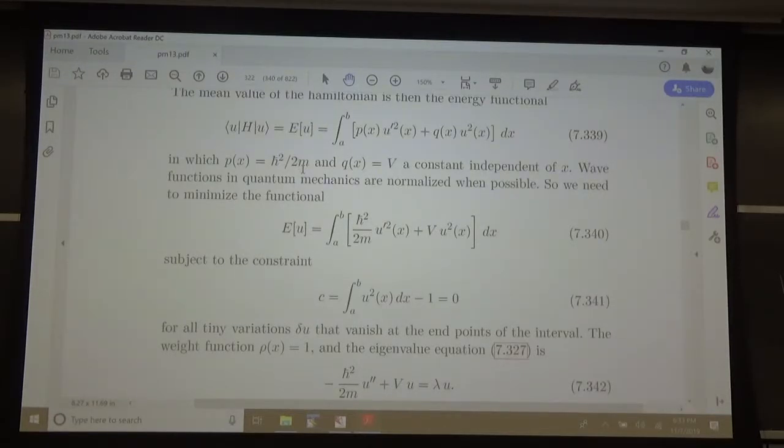So we're doing a very simple example of the Sturm-Liouville problem. Namely, we're taking p and q both to be constants. We then have the energy is h bar squared over 2m u prime squared plus v u of x. And the constraint is that the integral of u squared dx is equal to unity.